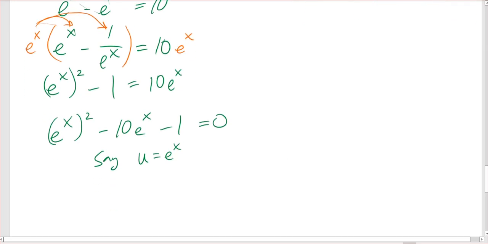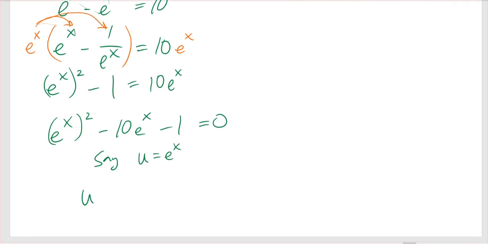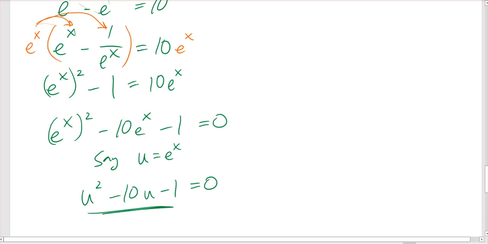So we got u squared minus 10u minus 1 equals 0. And now we can solve for u. We can't factor that, which is unfortunate, but we do have the nice quadratic formula, right?